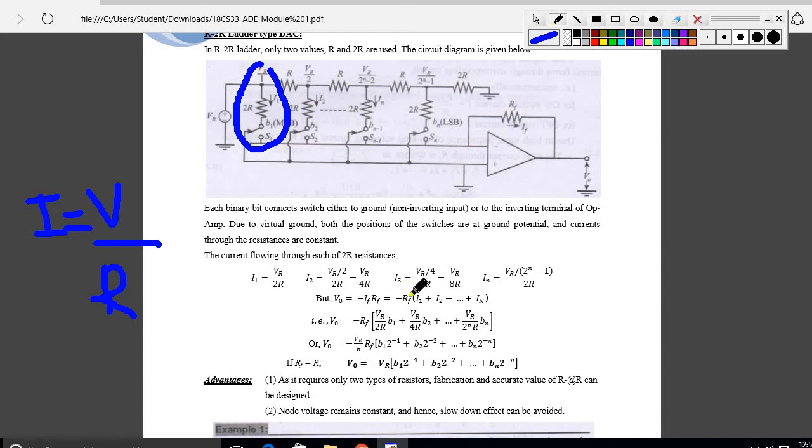So again the same thing here, RF, but in terms of IF, the summation of I means I1 plus I2 plus I3 plus, going on up to IN. That is the condition: when IF is equal to I, then you have to add all the currents passing through the branches.